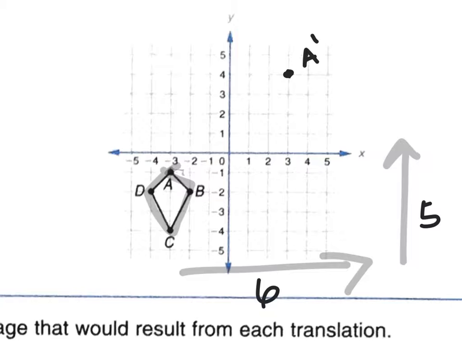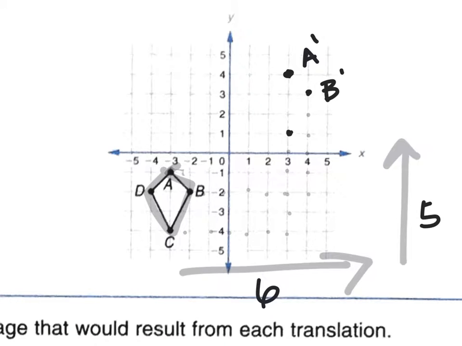Now I'm going to go ahead and do point B. So point B, again, I move 6 to the right, 5 up. 1, 2, 3, 4, 5, 6. 1, 2, 3, 4, 5. So my point B will be here, and I name that B prime to show that it's a translation of point B. Now I'm going to go ahead with point C, 6 to the right, 1, 2, 3, 4, 5, 6, 5 up, 1, 2, 3, 4, 5.